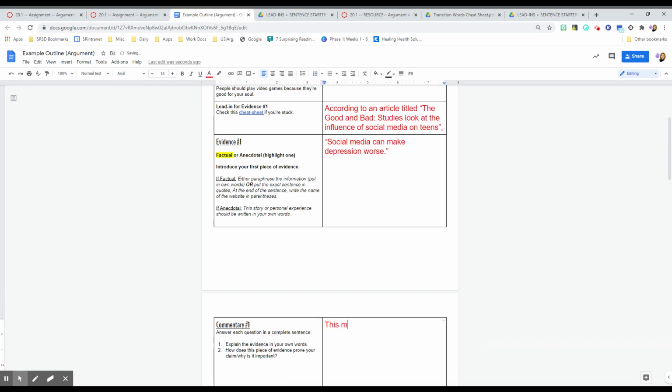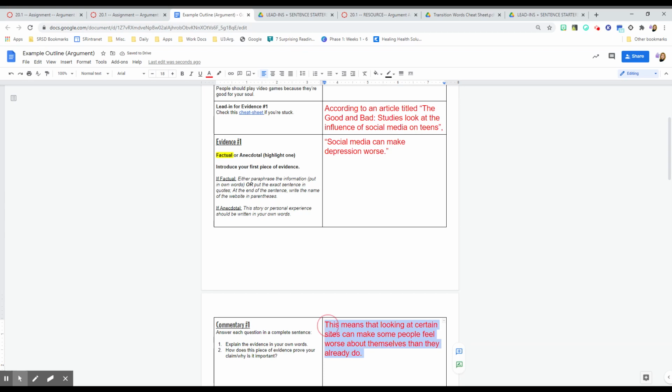So this quote means that looking at certain sites can make some people feel worse about themselves than they already do. Okay?